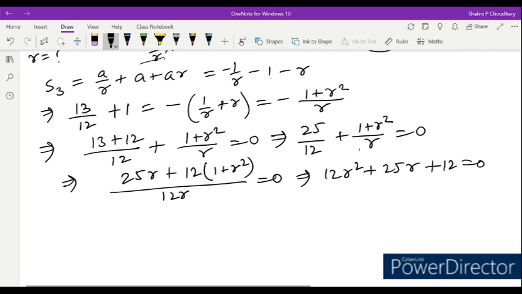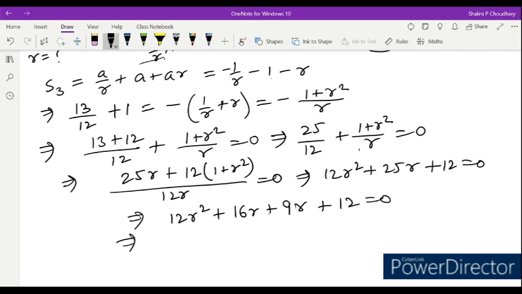Now we have to break this. 12 into 12 will be 144, and 16 into 9 will be 144. So for 12 R square, can we write 25 R as 16 R plus 9 R, and keep 12 as it is.